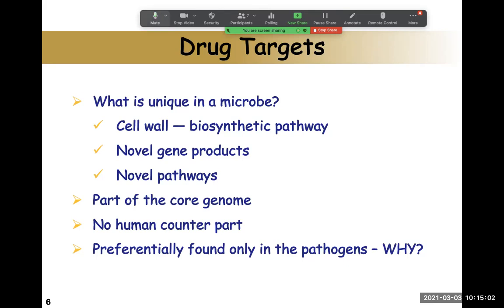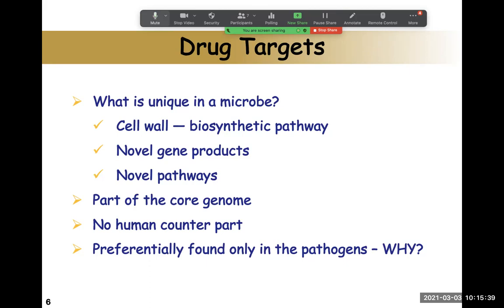What we learn is that bacteria are extremely versatile in collecting DNA from the environment in order to make themselves stronger, or to fight against other pathogens, or to fight against antibiotics. So they constantly acquire genes by what we call horizontal gene transfer, meaning it's taking genes from different strains. It's not vertical, but once it gets in horizontally, then it can pass it vertically to its daughter cells.